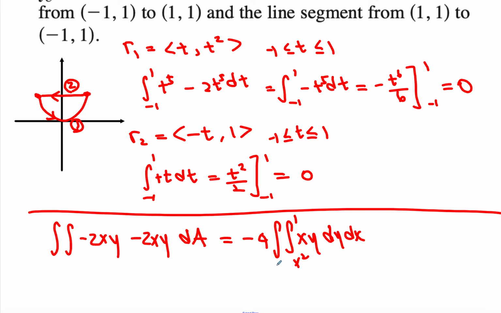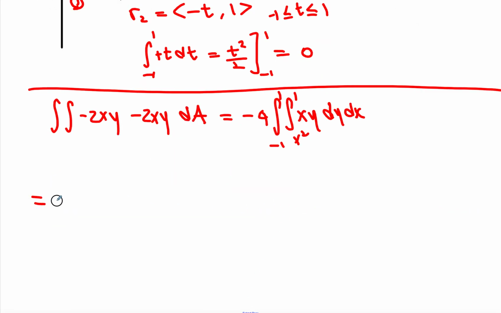And then x goes from -1 to the +1. So then I already have -4. When you integrate this one against y, then we get xy squared over 2. That goes from x squared to 1 dx.